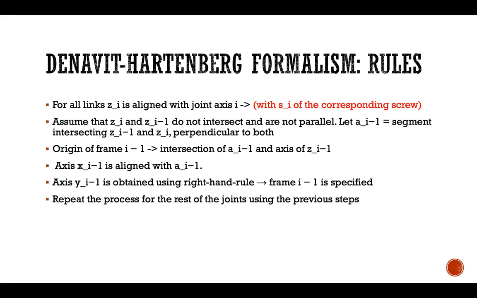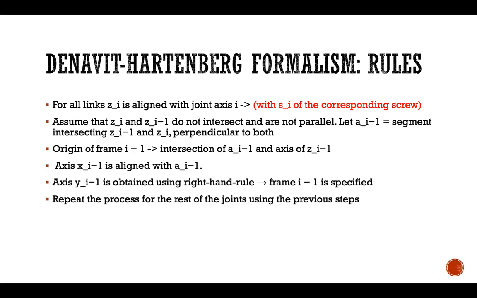First of all, it's important to note that the Denavit Hartenberg formalism provides a way to define the frames of the joints so that we can minimize the needed parameters to calculate the forward kinematics. For all links, we define the Z_i axis to be aligned with the joint axis. This is the first step that we follow to define the frames for the joints.